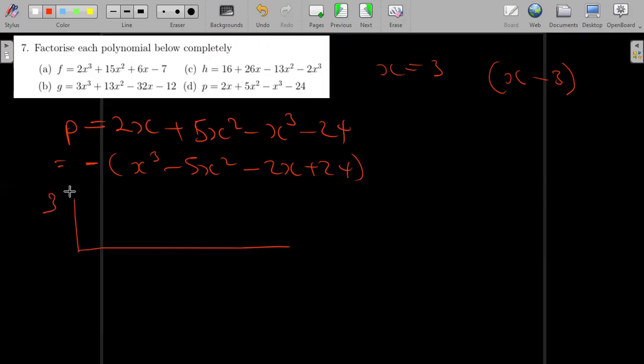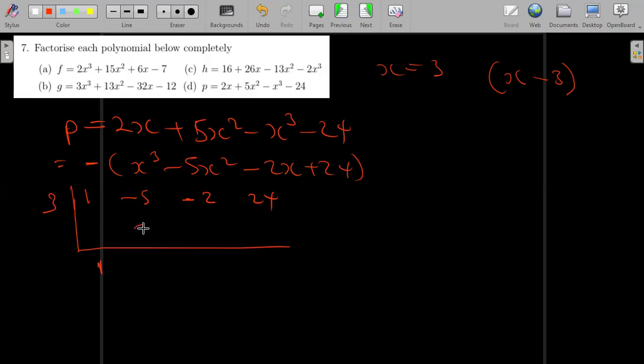Then I get the coefficients. Let me not start with 2. Start with the degree there, which is 1. Next one is negative 5, negative 2, and a 24.